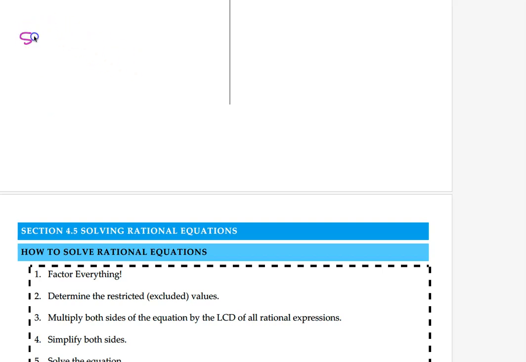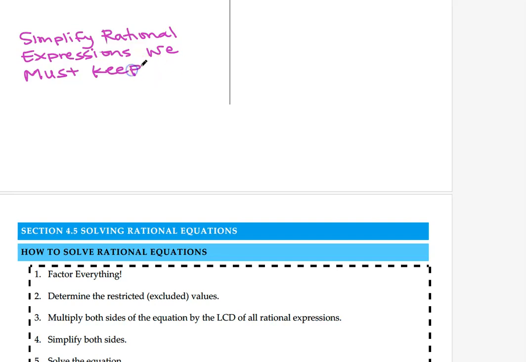All right, let's see. So when we're simplifying rational expressions, we must keep the denominator. Okay, so that is super important.